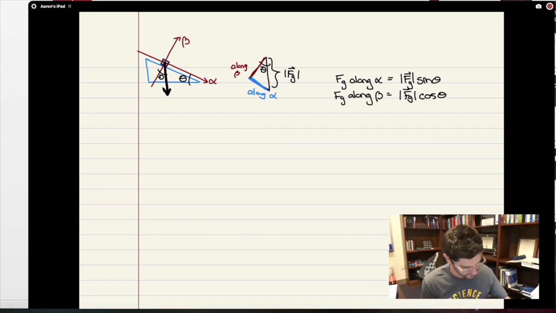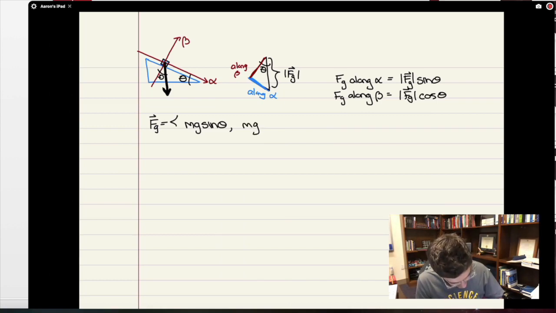depending on which direction I define as positive, which direction I define as negative. For example, going back to what I wrote above, I can now write FG is the component that is along the ramp. So we said along the ramp is the magnitude, so that's just mg sine theta. And then the component that is into the ramp, into and out of the ramp, or along beta, that was mg cosine theta.